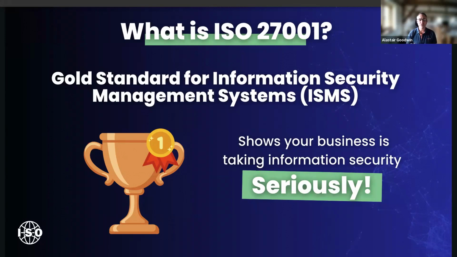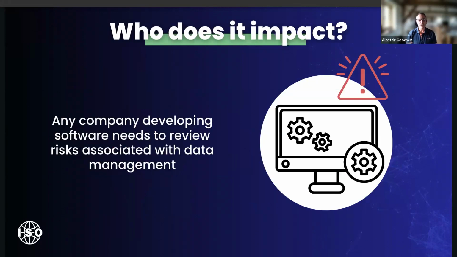If we flip onto the next slide, we'll talk a little through what that actually means. In order to build an information security management system, you need to assess the risks that your business has and then implement controls to manage those risks. And then you need a process in place where you reassess those risks and improve those controls on a continuous basis.